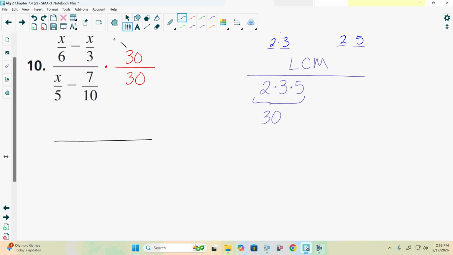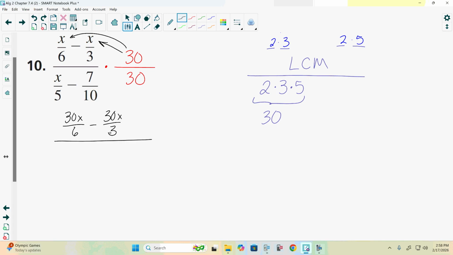Now when we multiply it on top, 30 times x is 30x over 6 minus 30 times x is still going to be 30x over 3.